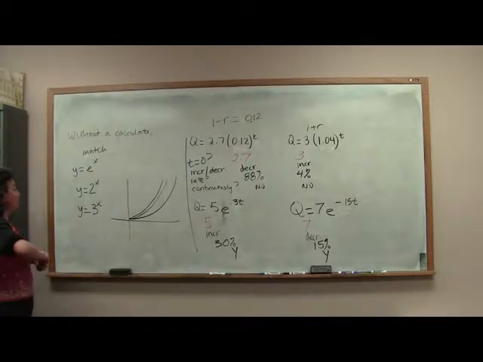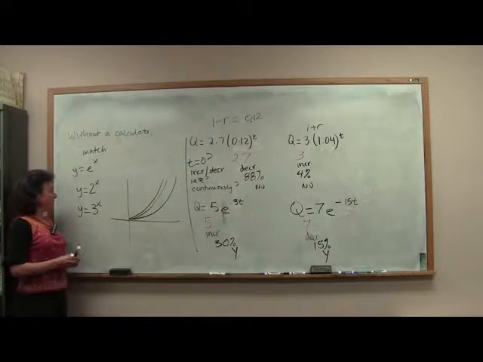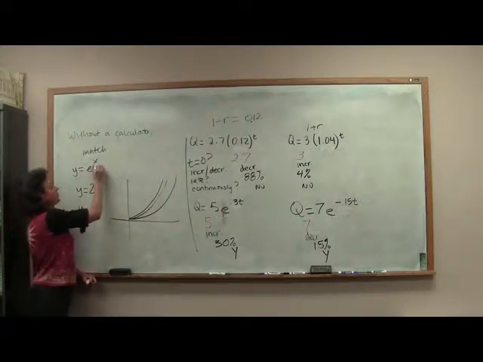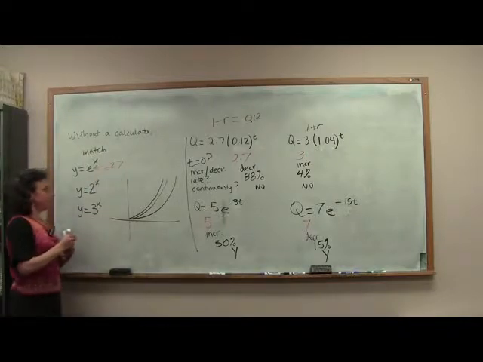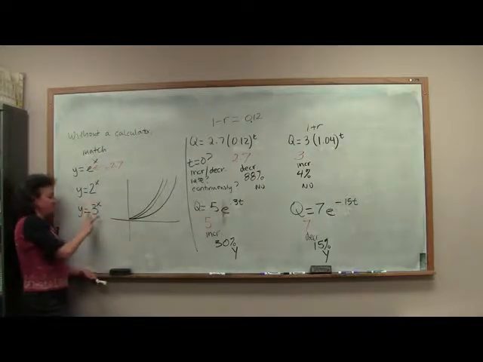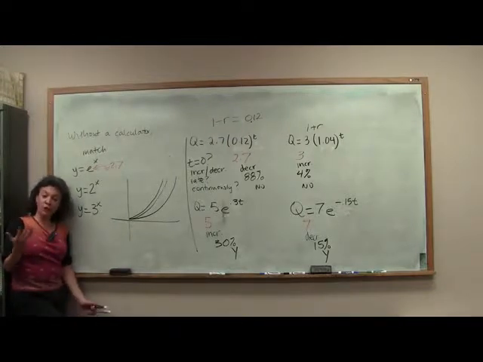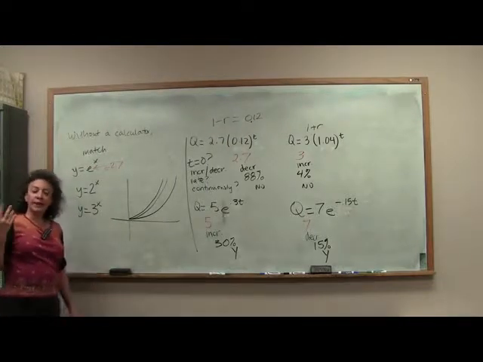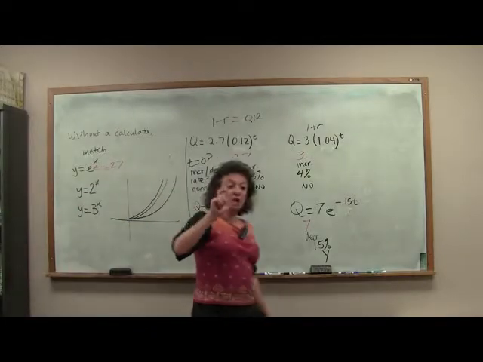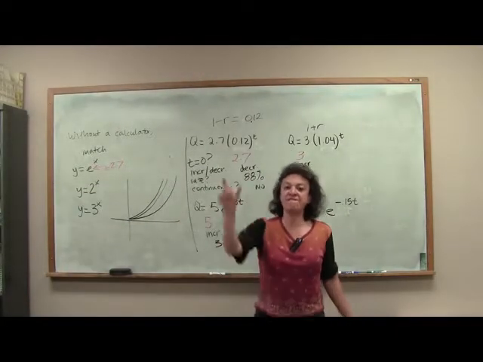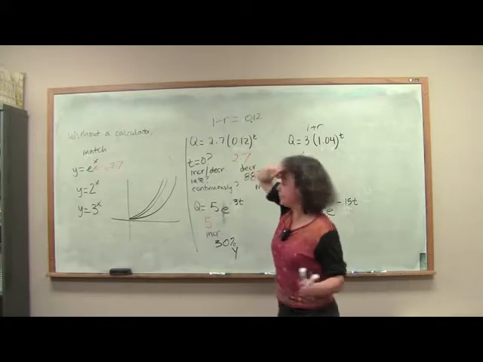Now, how would we identify which graph is which? The key thing to remember is e is about 2.7. So it lies between 2 and 3. So how do we know which graph is which? Well, I think you'll grant me that the larger the base, the faster it grows.